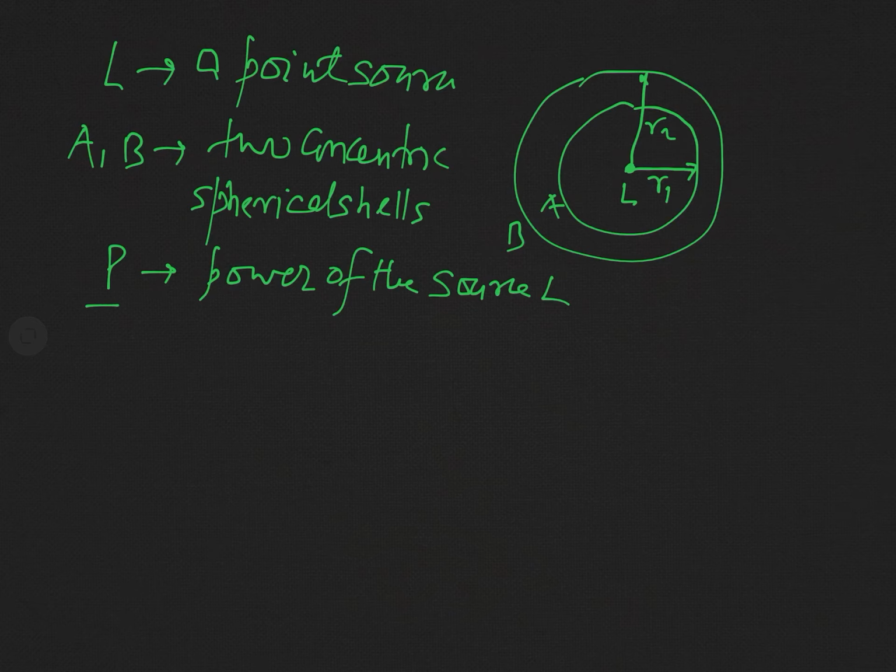And let us say at any point of the surface of A, the magnitude of Poynting vector is S1, and that on the surface of B it is S2.